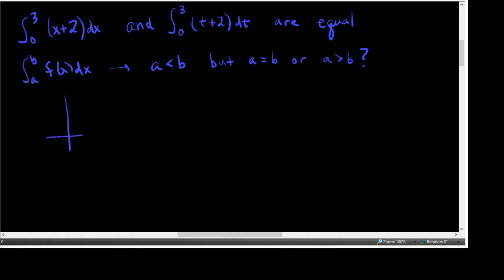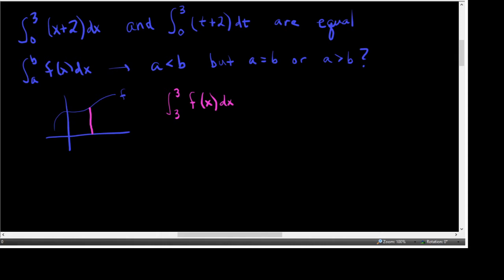What if, for example, I had a function and I wanted to find the integral from 3 to 3 of f of x dx, where a and b are the same. So I'd go to 3 and stay there, not move. And how much area is that?